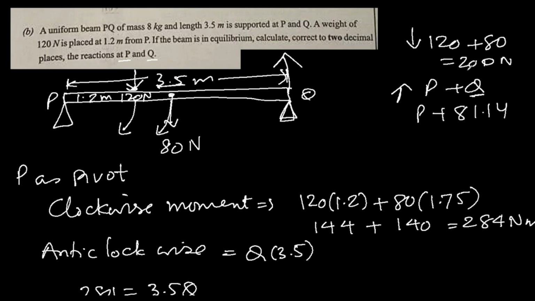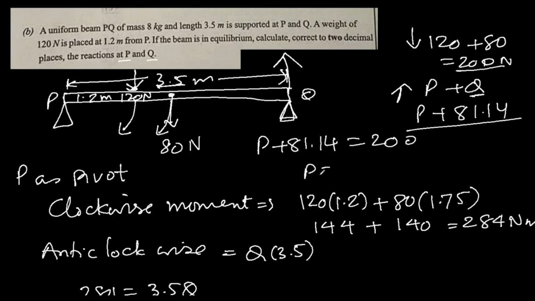So for equilibrium, both of them have to be equal. So let's write P plus 81.14 is equal to 200. P is 200 minus 81.14, and that is 118.86 newtons. This is P.